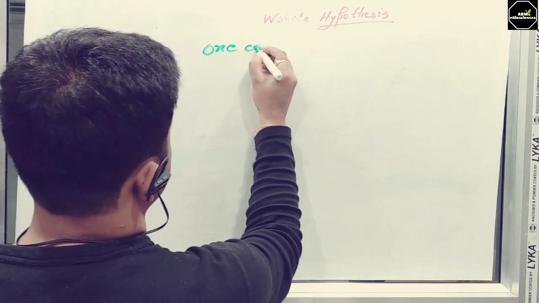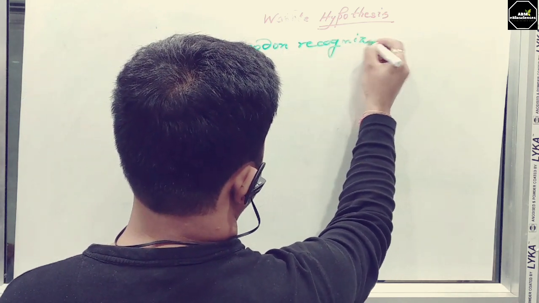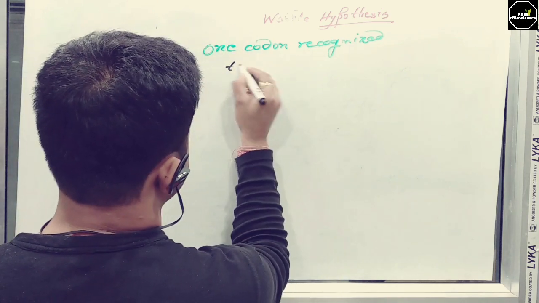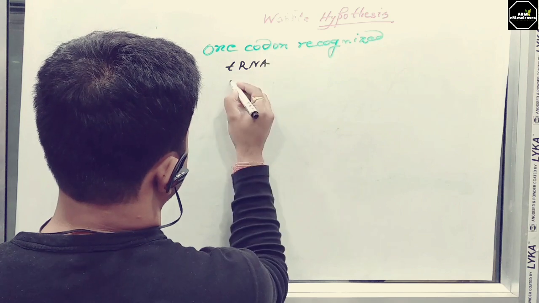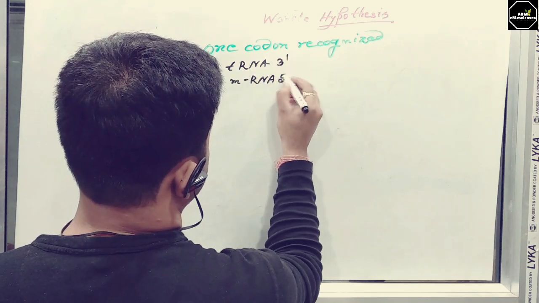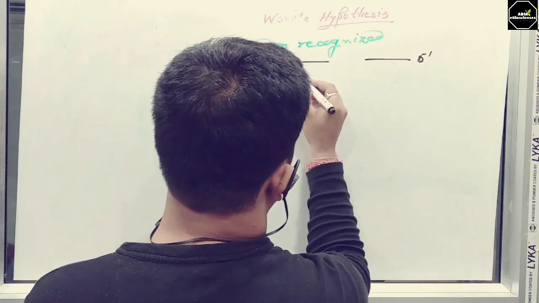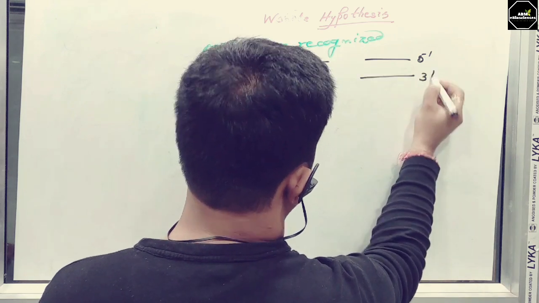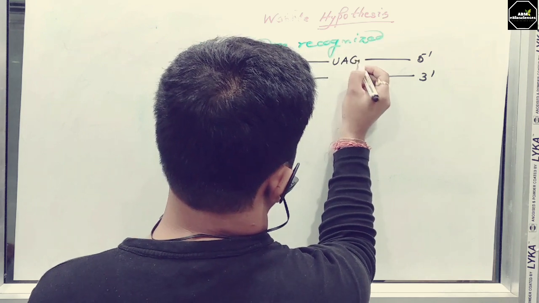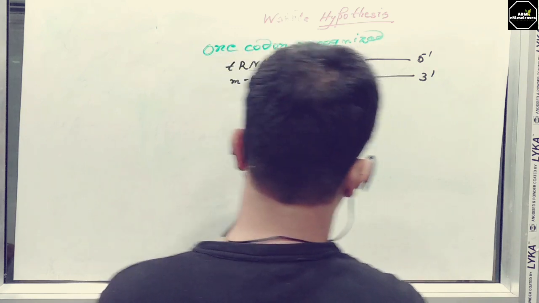One codon recognized. Suppose this is the tRNA, 3 prime, 5 prime, and here the mRNA. Here suppose U, A, G, and here will be A, U, C. This is one case.